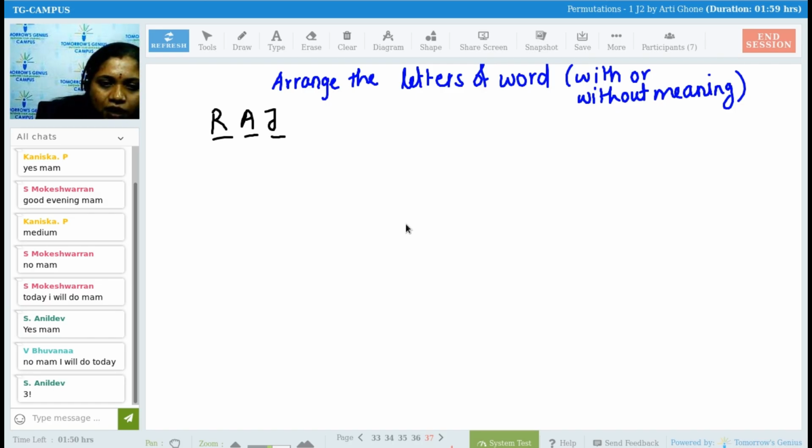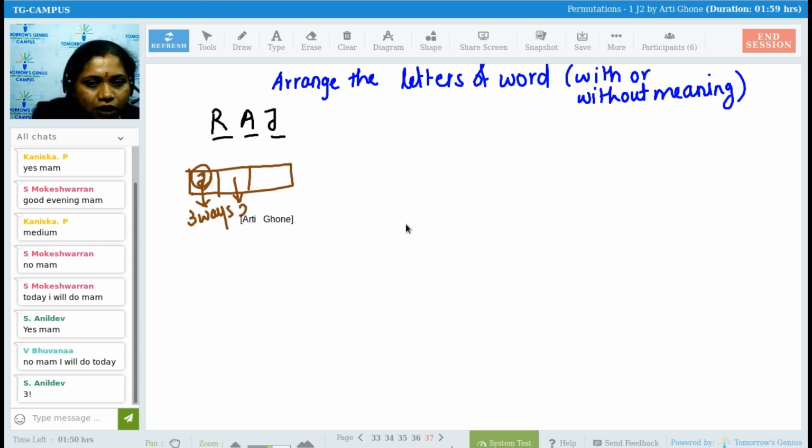It's a correct answer. Now see, you can also solve it with logic. Raj is a word of 3 letters. To arrange the first place, how many chances do we have? 3 ways. Let's consider I just fixed J over here. If I put any one letter at the first place, how many letters are left with me? 2, right?